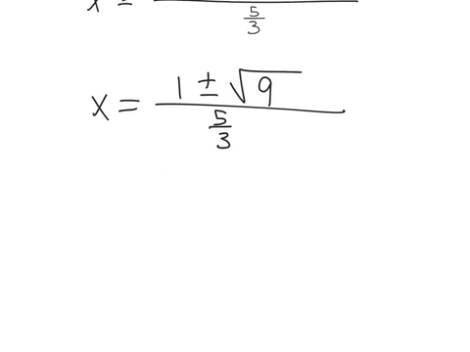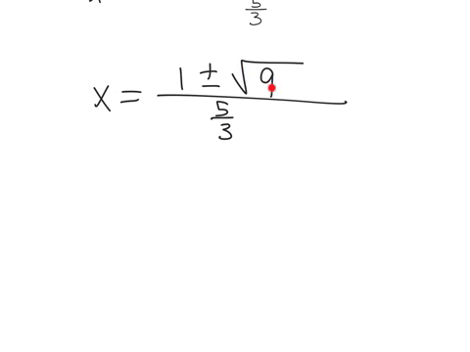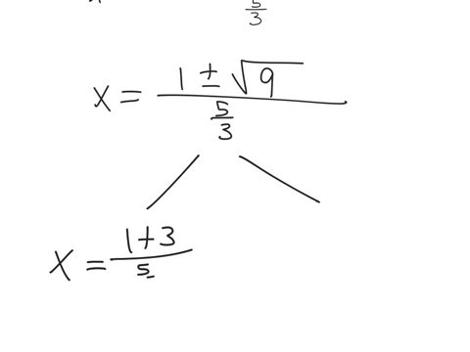And we know that the square root of 9 is 3. So this becomes x equals 1 plus 3 over 5/3, and x equals 1 minus 3 over 5/3.